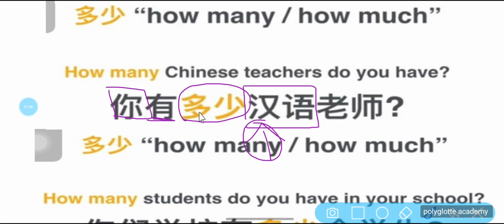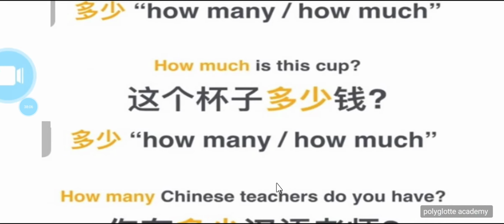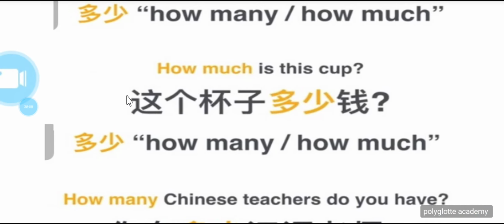So 你有多少汉语老师, Hanyu 老师, Chinese teacher. How many Chinese teachers do you have? Very good.